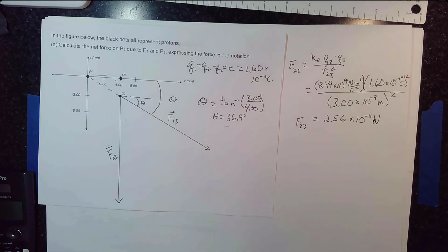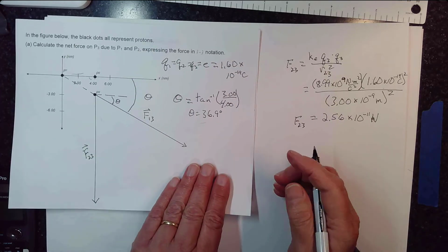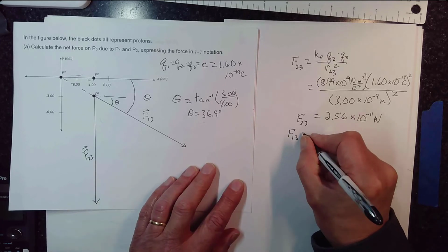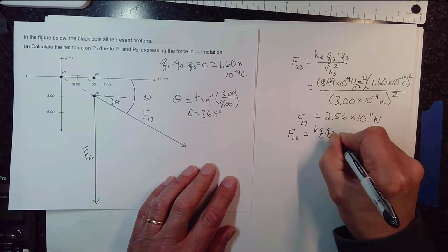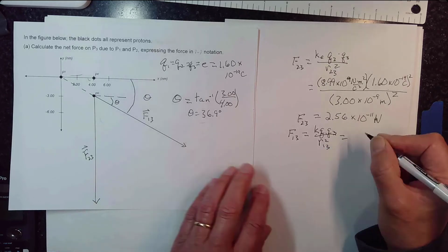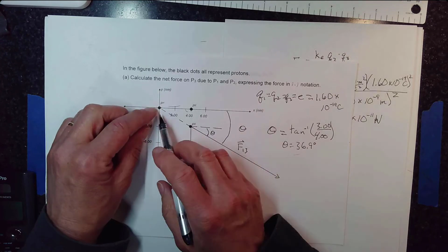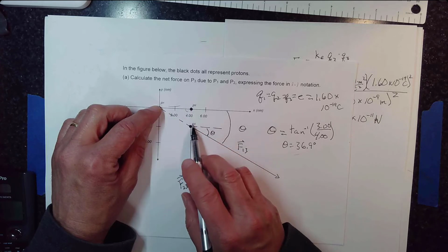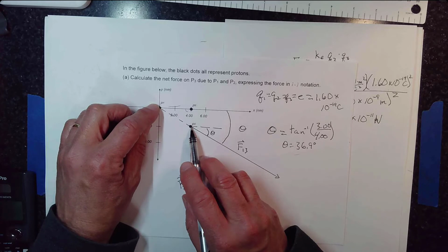So we've got that. Now for F13, do the same sort of thing. F13 is going to equal K Q1 Q3 over R13 squared. And as far as the distance from 1 to 3, again, 4 this way, 3 this way, that's a 3, 4, 5 right triangle. This diagonal distance is going to be 5.00 nanometers.